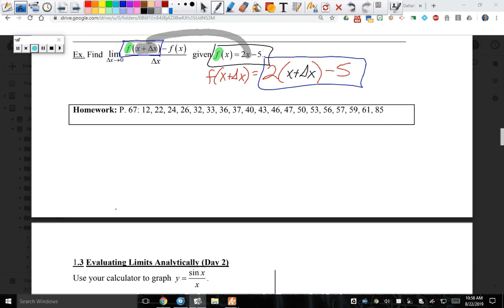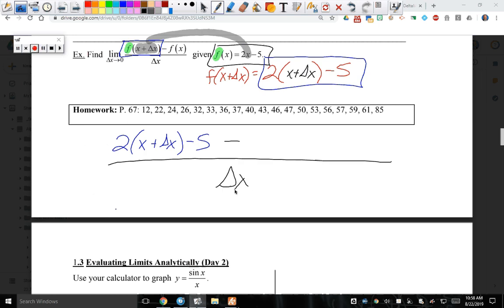And back when I was your age, it took me like 10 problems to finally figure that out. Okay? All it is, you're just putting in an input. That's all you're doing. Don't make it more difficult for yourself. Okay? Now, so let's write that over here. 2x plus delta x minus 5. And it's going to be subtracting something over delta x. Notice my color coordinating to help you see it.